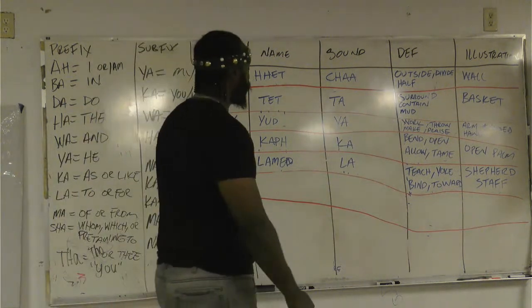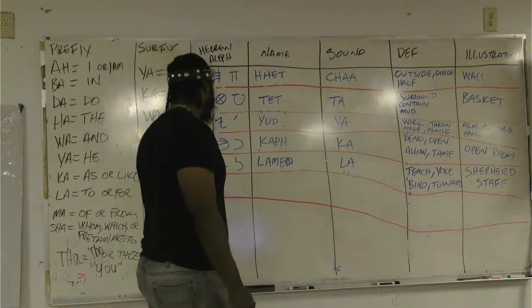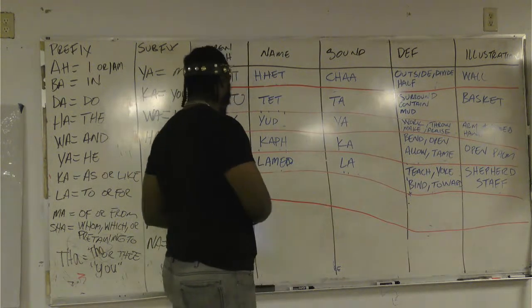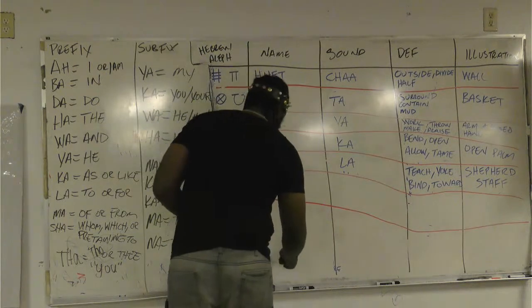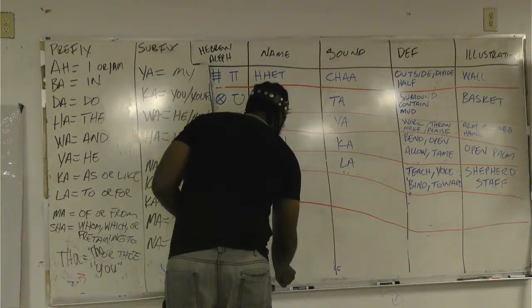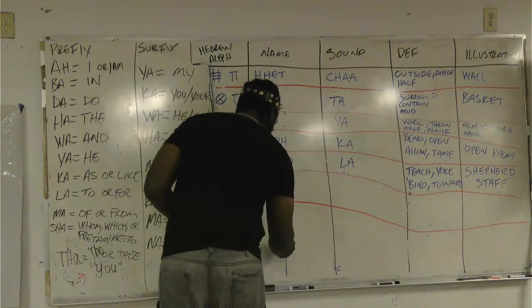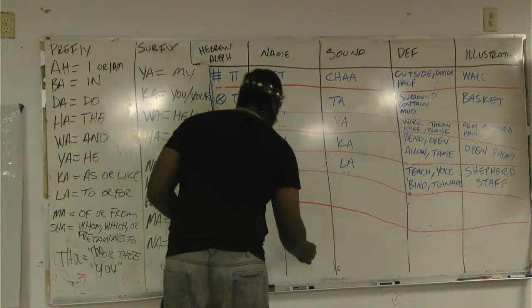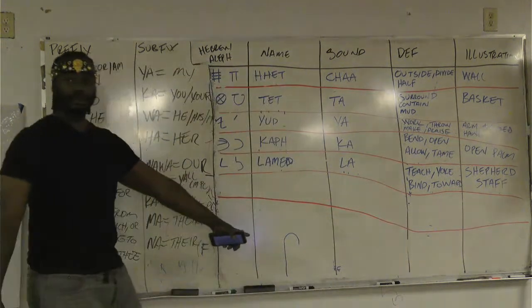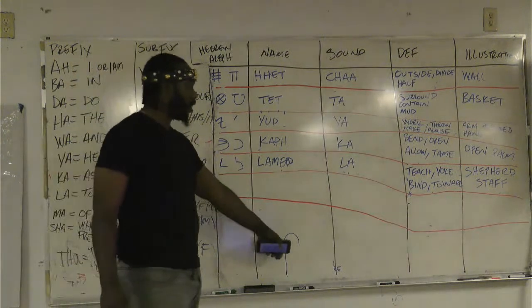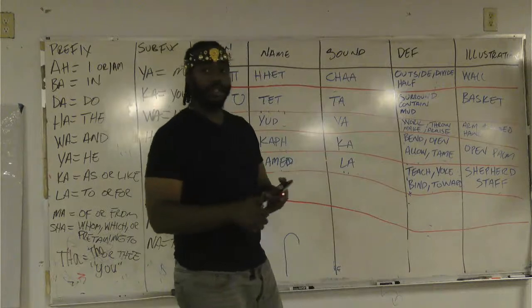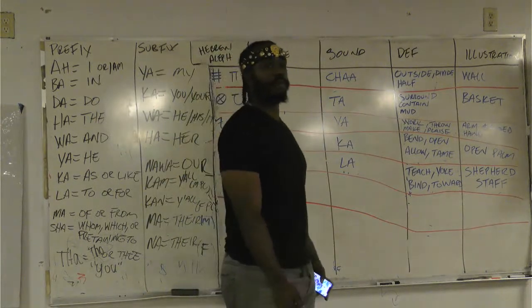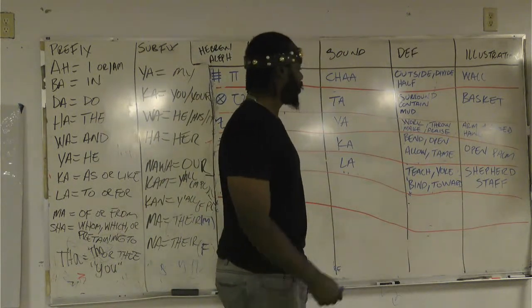All right. So the la came from the shepherd's staff. The shepherd's staff was straight, then it had that crook at the end. And what is the crook used for? It's to yoke, to grab and bring you back in the herd. To teach.